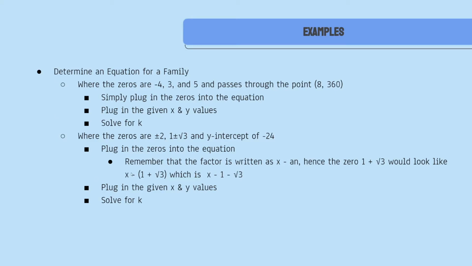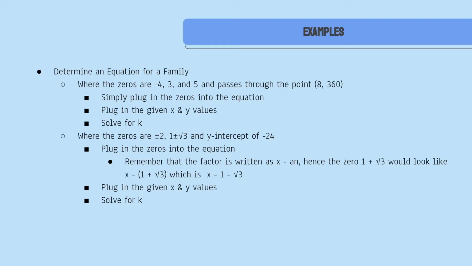Since we have 1 plus or minus the square root of 3, what we're actually doing is having x minus (1 plus the square root of 3) and x minus (1 minus the square root of 3). With that in mind, you can again plug in the x and y values and solve for k.